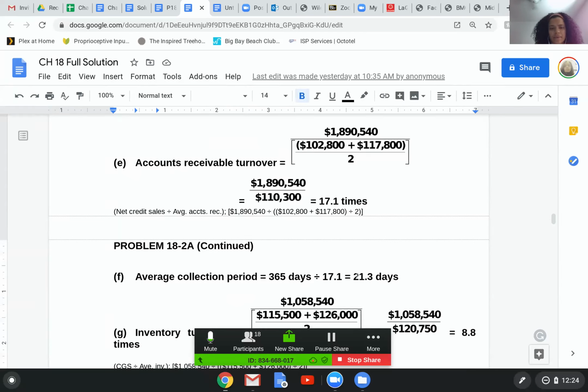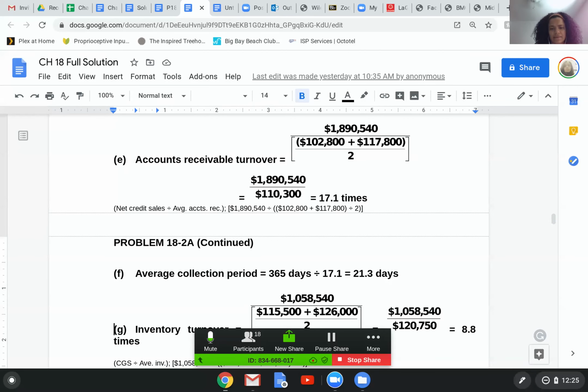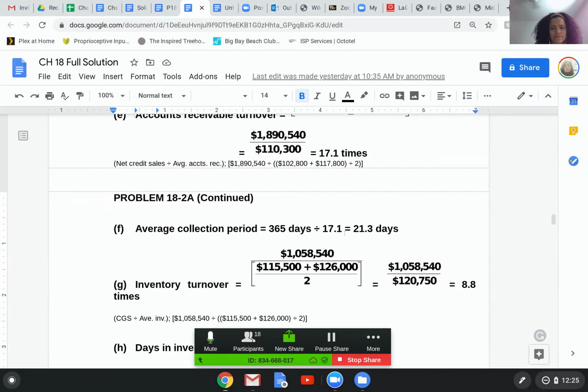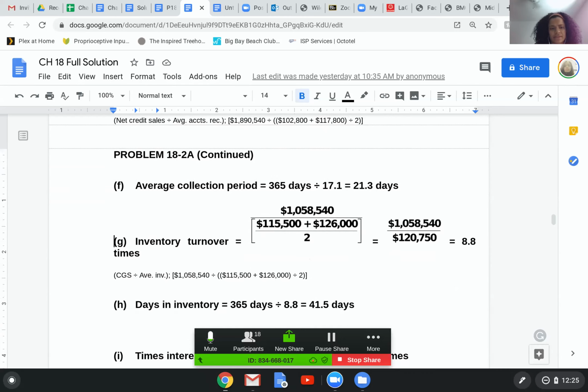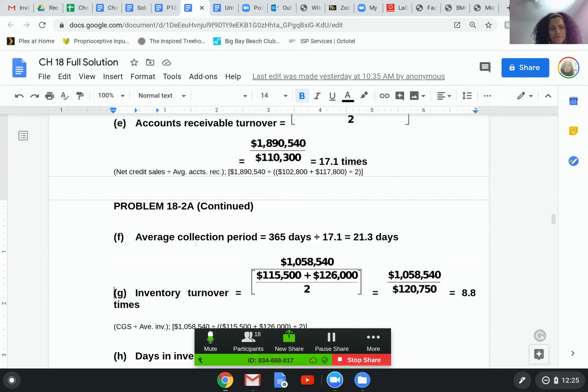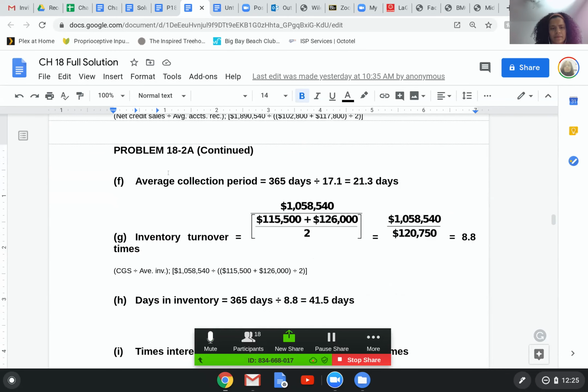And based on the average collection period in days, 365 divided by the number you just got on top, they collect their receivables every 21.3 days, which would be a pretty quick collection, because normally people have about 30 or 45 days to pay. So this is good management of accounts receivable. Remember, current ratio, accounts receivable ratios, and inventory ratios are all part of the liquidity analysis.